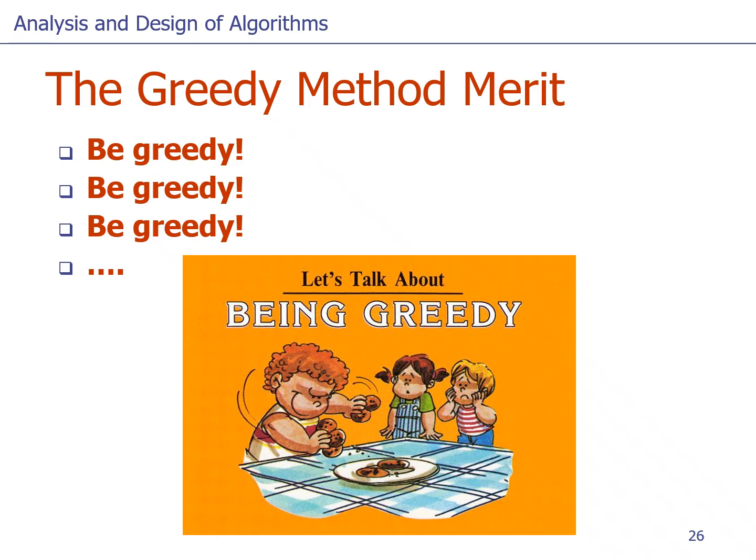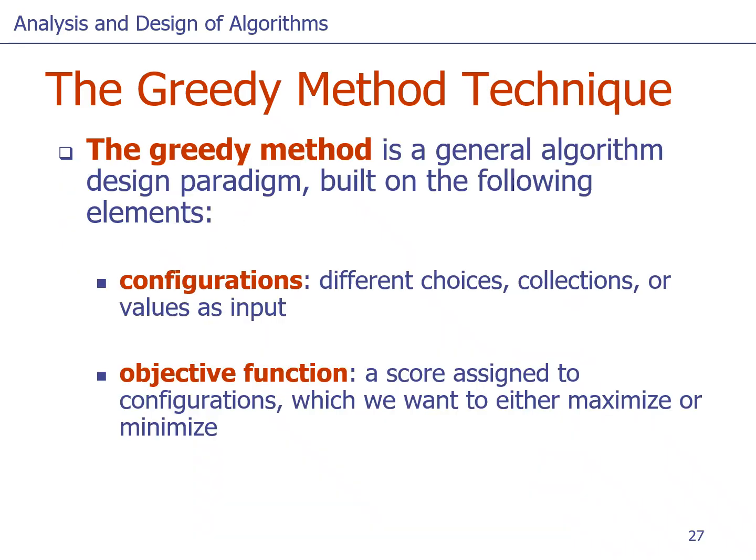Okay. Now, talking about it more formally and leaving a healthy or unhealthy diet aside, here is a more formal approach to the greedy method. In the greedy method, we talk about configurations and some objective function.